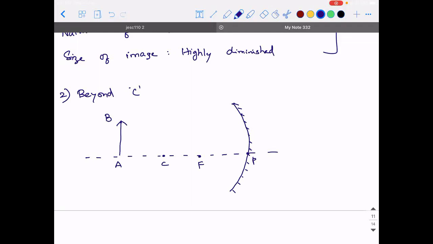Is it not beyond C? So how many rays do we need? We need 2 rays to locate the image. I will take one of the rays parallel to the principal axis. After reflection, it will pass through the focus.